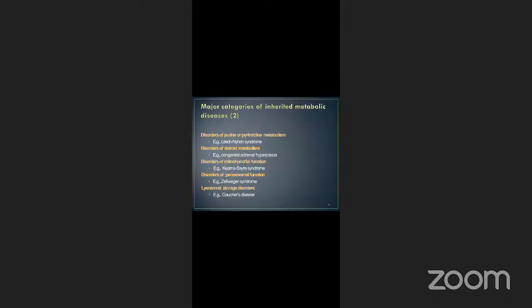These are the various important categories. First we will discuss carbohydrate metabolism. Let me check. The most important is amino acid metabolism, so I will tell you about that. Glycogen storage.